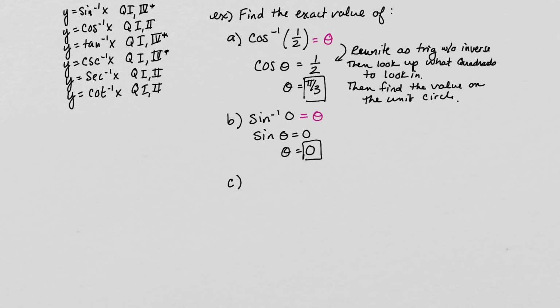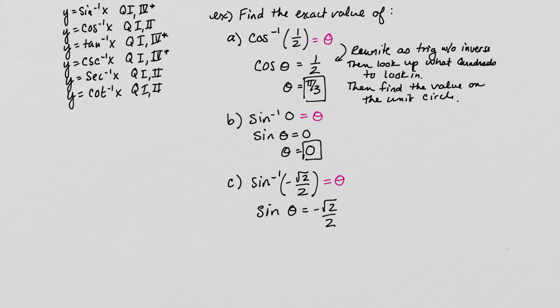So we'll do another one. The inverse sine of minus root 2 over 2. So again, I'm going to think of it as that's equal to some angle. So we're really saying the sine of an angle equals minus root 2 over 2.